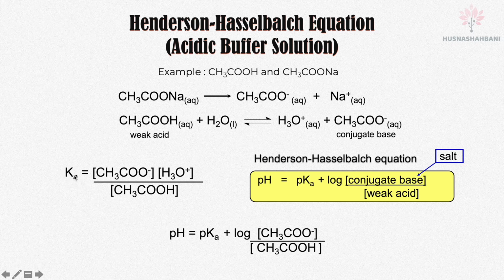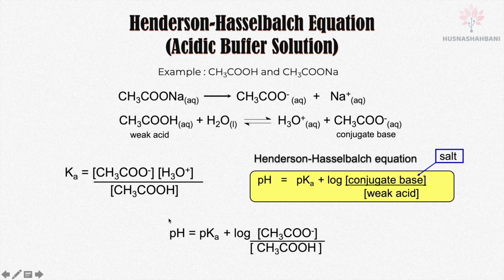Now start with the Ka expression, product over reactant. Ignore H2O because H2O is in liquid form, so you don't have H2O here. Only take the aqueous species, and then rearrange the equation. You get H3O+ equals Ka times CH3COOH over CH3COO-.